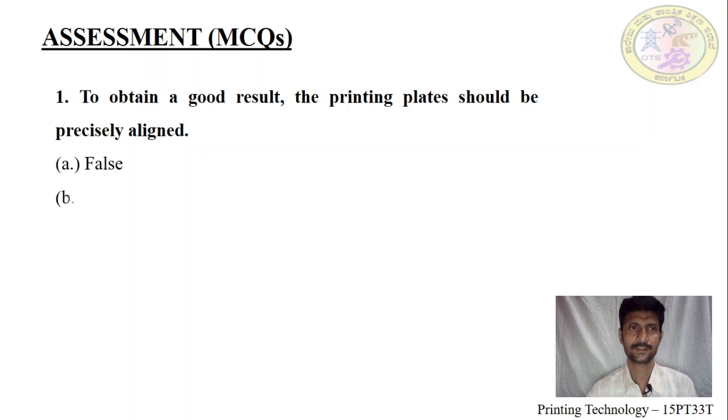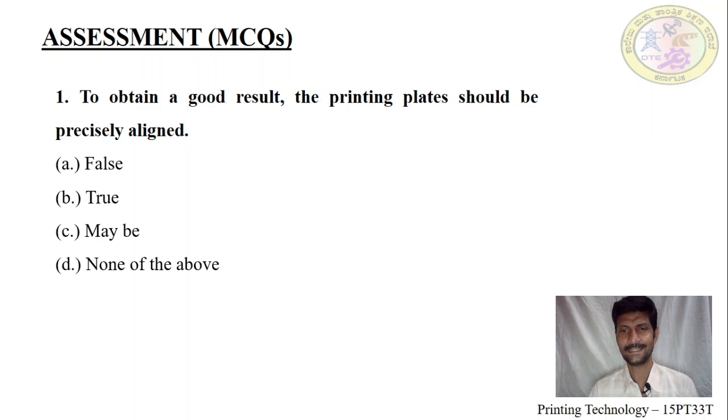One is false, second one is true, third one maybe, none of the above. If the printing plates are precisely registered or aligned, then only we will get a good quality of image or a good quality of output. Is it true or false?